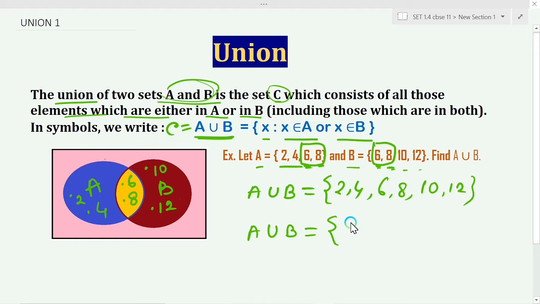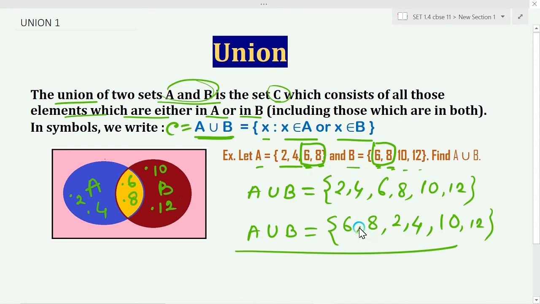First of all you write this common number. This is the basic method. Then you write the other numbers: for A the other numbers are 2 and 4, and for B they are 10 and 12. So this is a very common method.